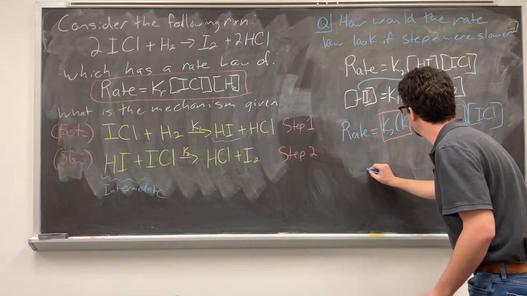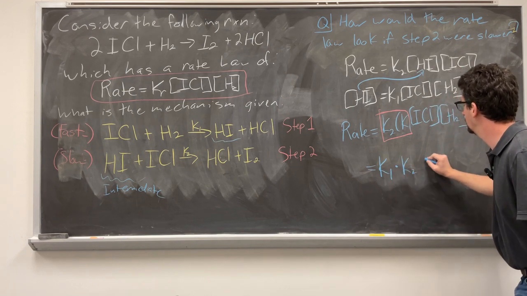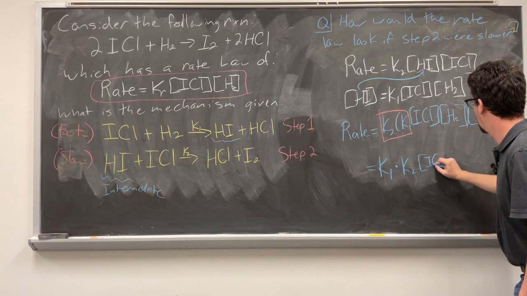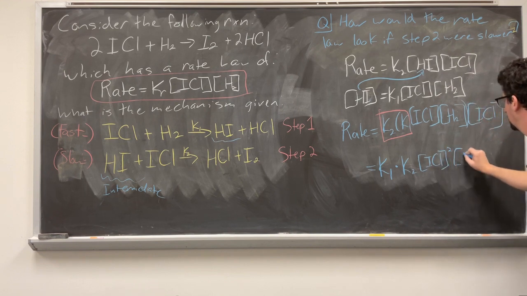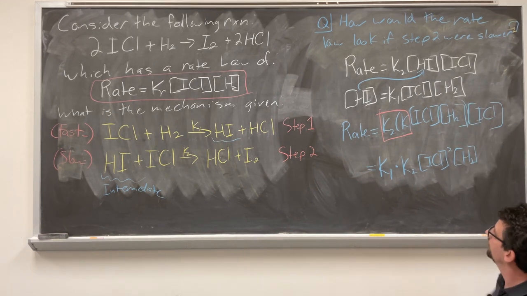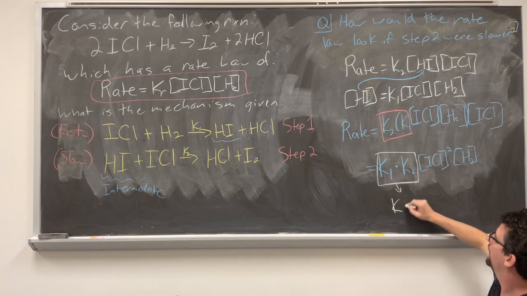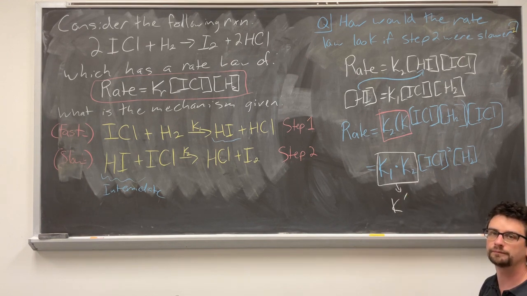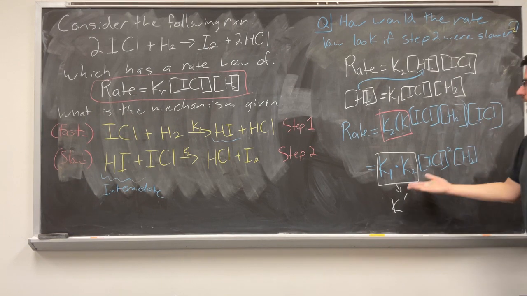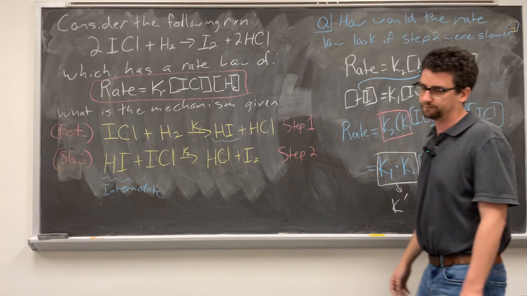So this might be expressed, I like to put them in order, K1 times K2 ICl squared H2. And what you could say is you could slap these two constants together, and let's call that one k prime. So if the second step were the rate determining step, and in terms of the speeds, if they were switched, this is what the overall rate law would look like.